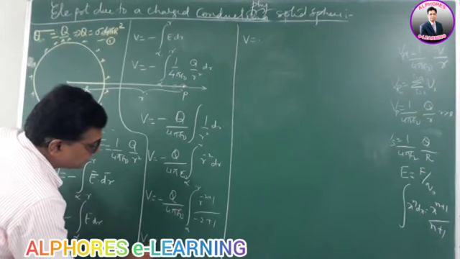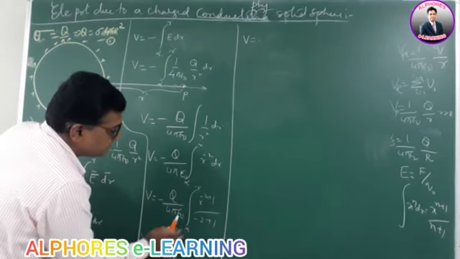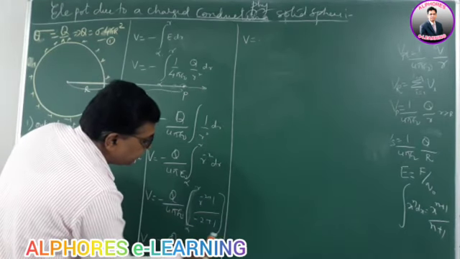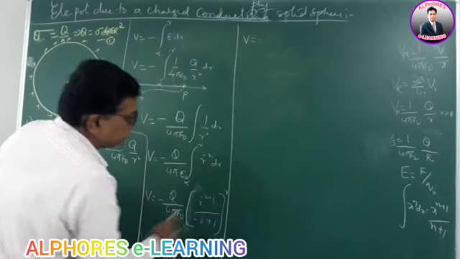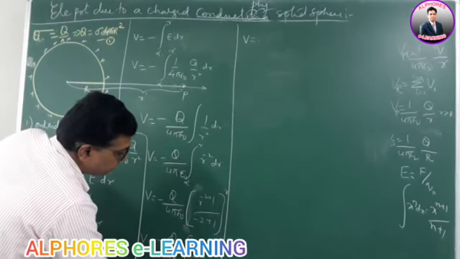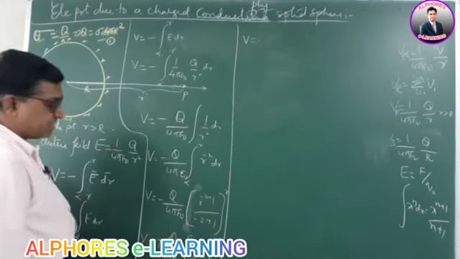So potential V is equal to minus Q by 4 pi epsilon naught, with limits infinity to R. Now I can write this as R power minus 1 by minus 1 from infinity to R. This minus gets cancelled.